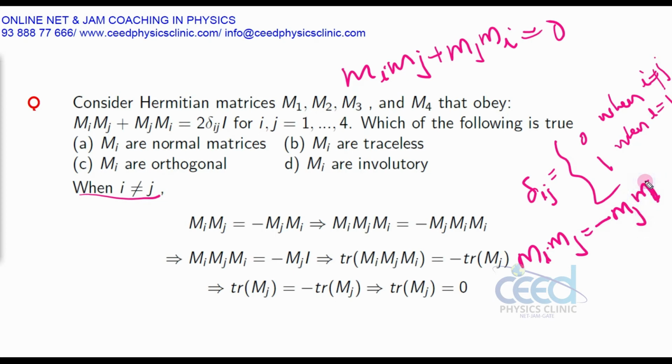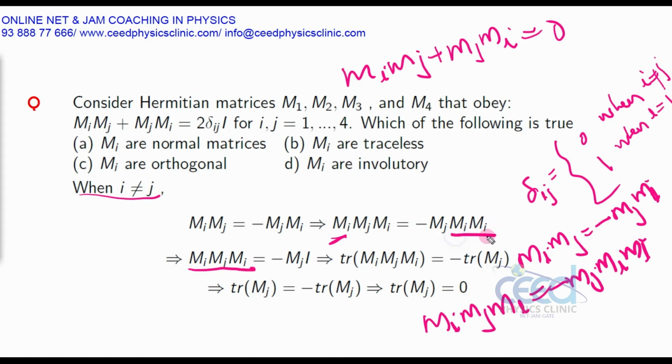What I am going to do is multiply by Mi on either side, right? So I can write MiMjMi is equal to minus MjMiMi, right? Now what is this MiMi?